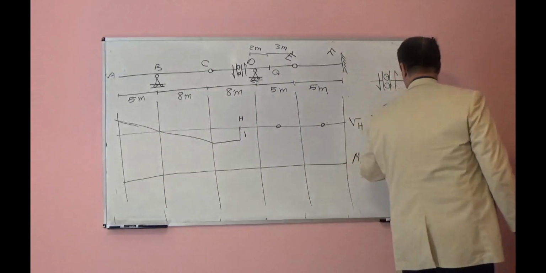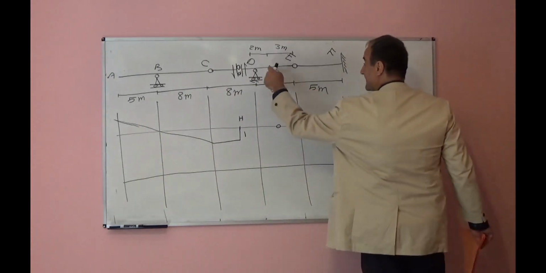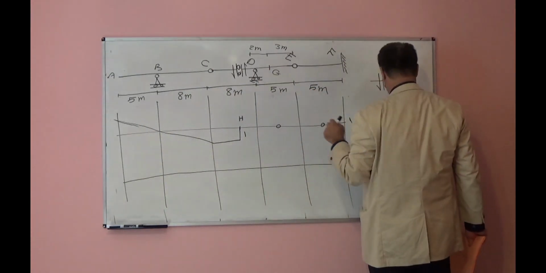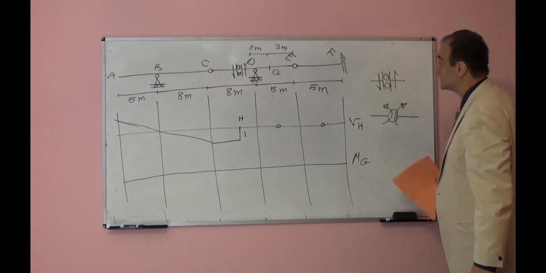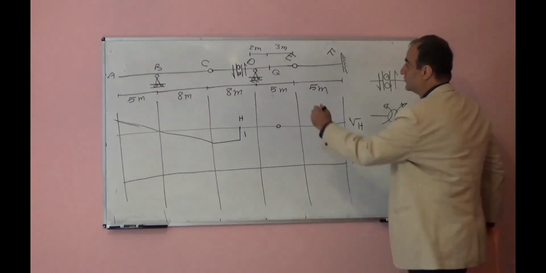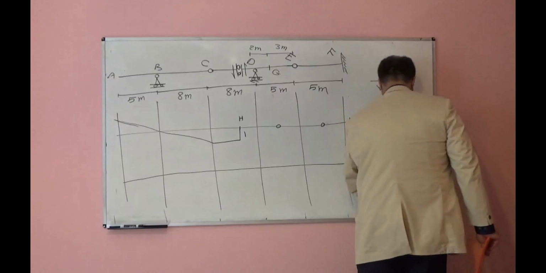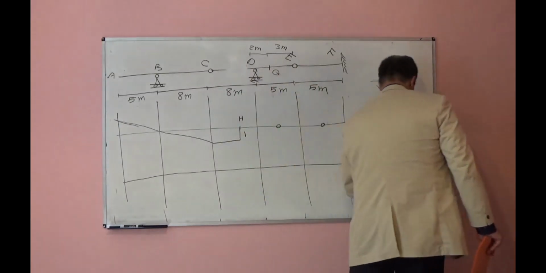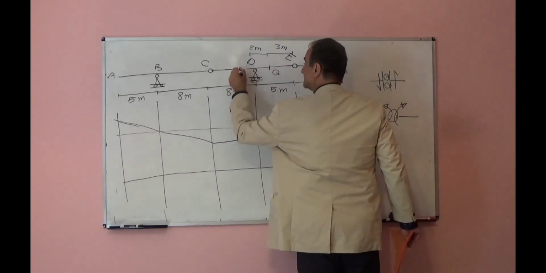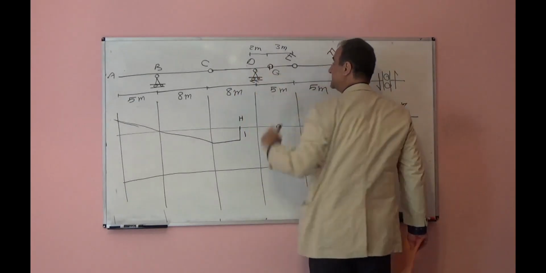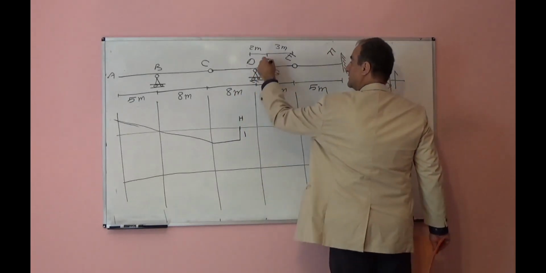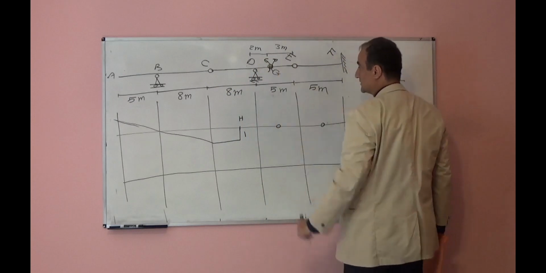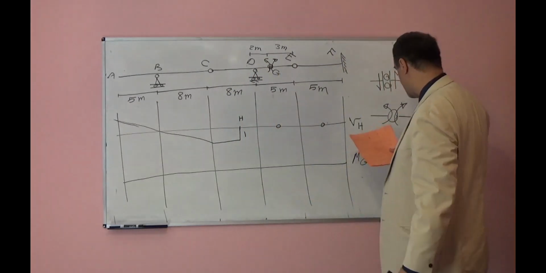For moment, you will put a hinge here, and you will apply rotation. If you plug a hinge here, let's see now, this is continuous, and you have a hinge here. Apply rotation. What will happen?